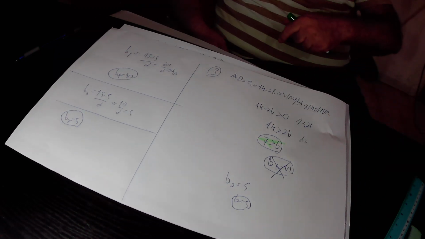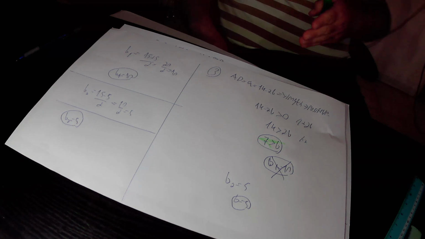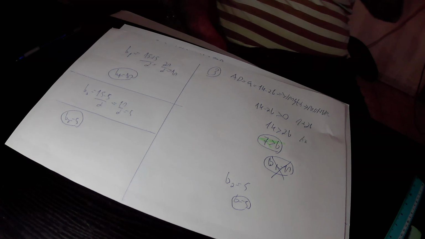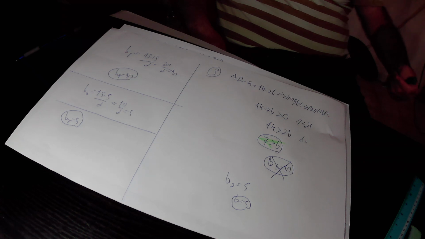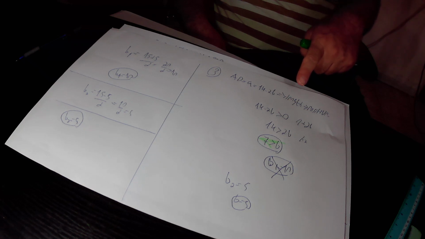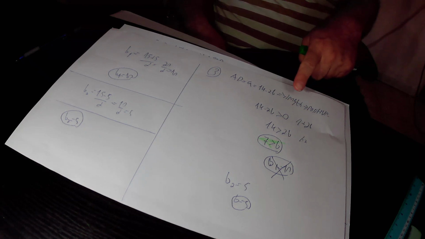AD is equal to 14 minus 2b, and 14 minus 2b represents a length. Therefore, as a length, it must be a positive number. What is a positive number? That is to say, it must be greater than 0.